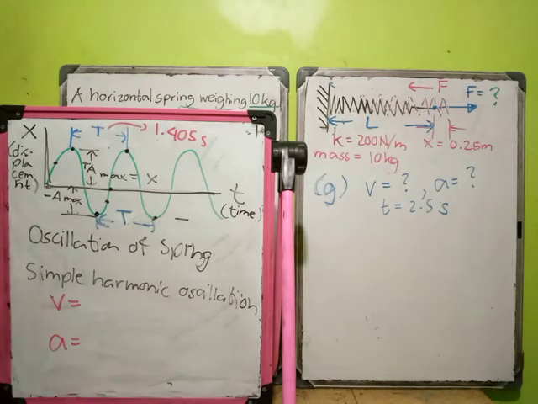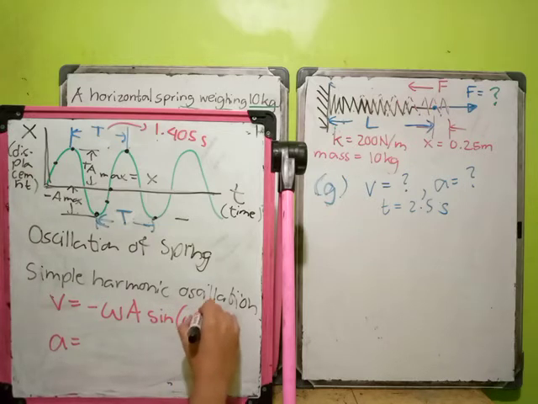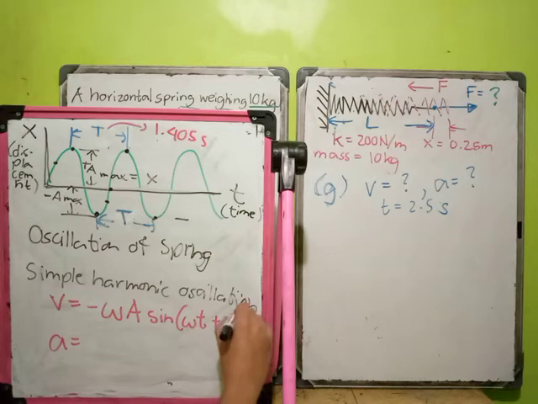So here, the general formula for this is this: the velocity is equal to negative omega A, where A is the amplitude, times sine of omega t plus phi.